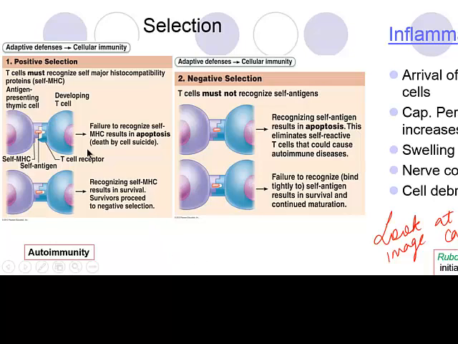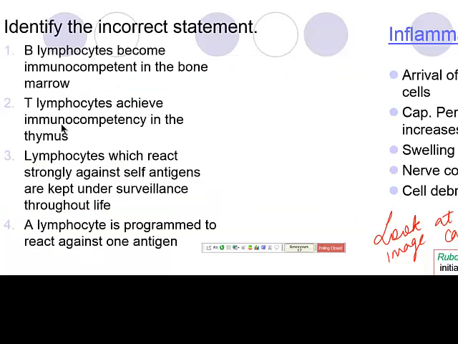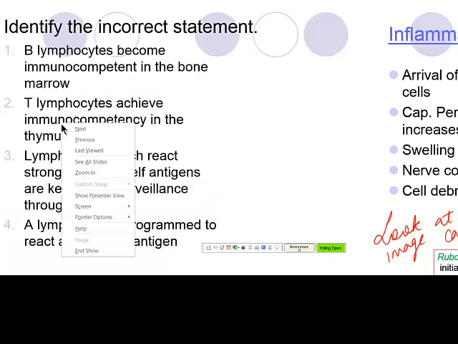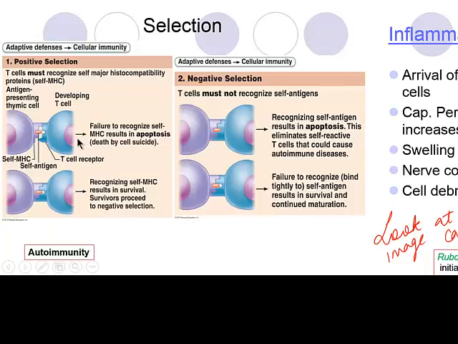The first is that, remember those MHC proteins which are your markers, right? So here is a T lymphocyte which has come to the thymus to get trained. First, it must be able to recognize its own MHC proteins, right?